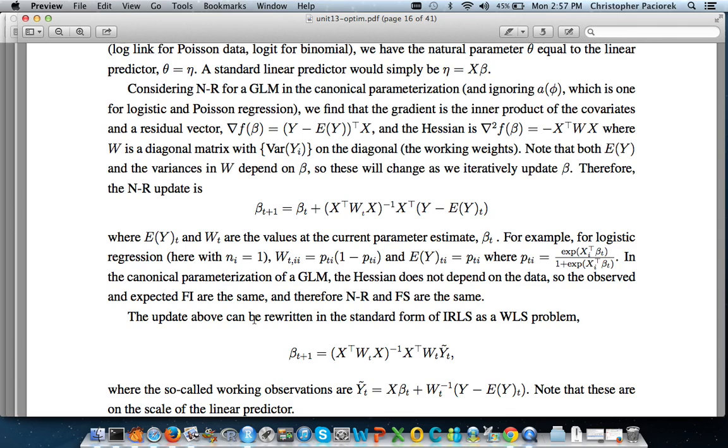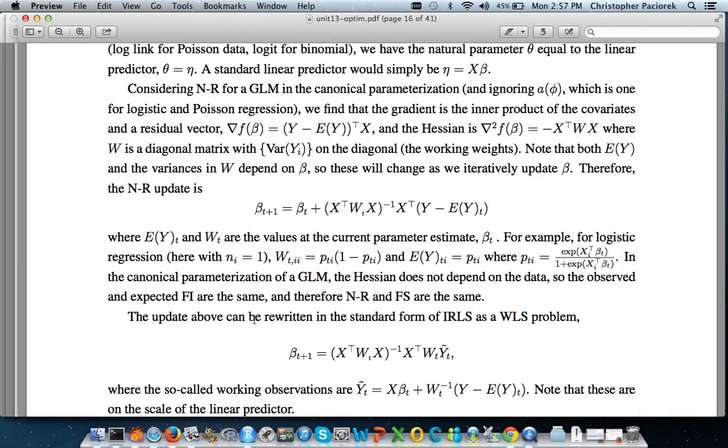Okay, so I want to make this look like this, which is the standard way of writing iteratively reweighted least squares, which is also called iteratively weighted least squares. And if I look at this and I look at that, one thing I might think about doing is taking the beta_t and basically multiplying by the inverse and by the non-inverse of this matrix.